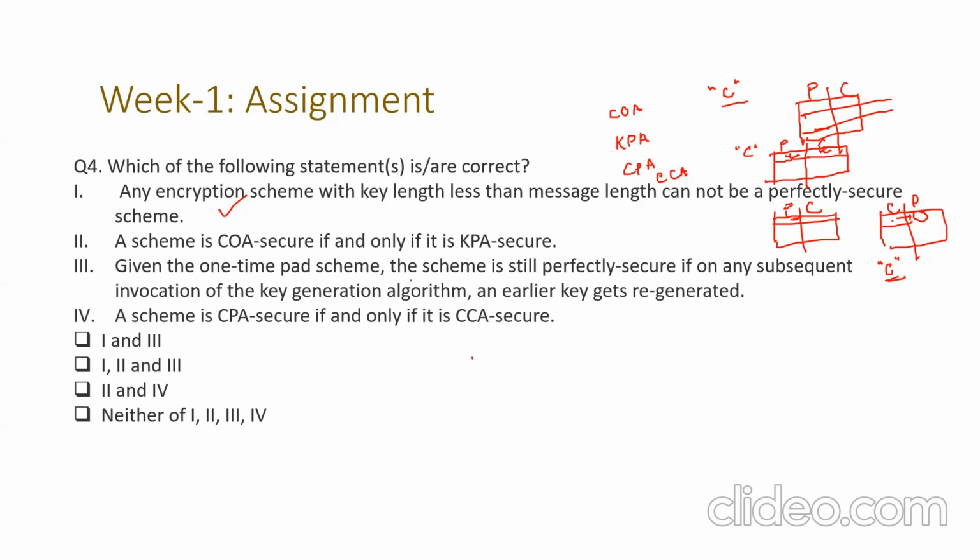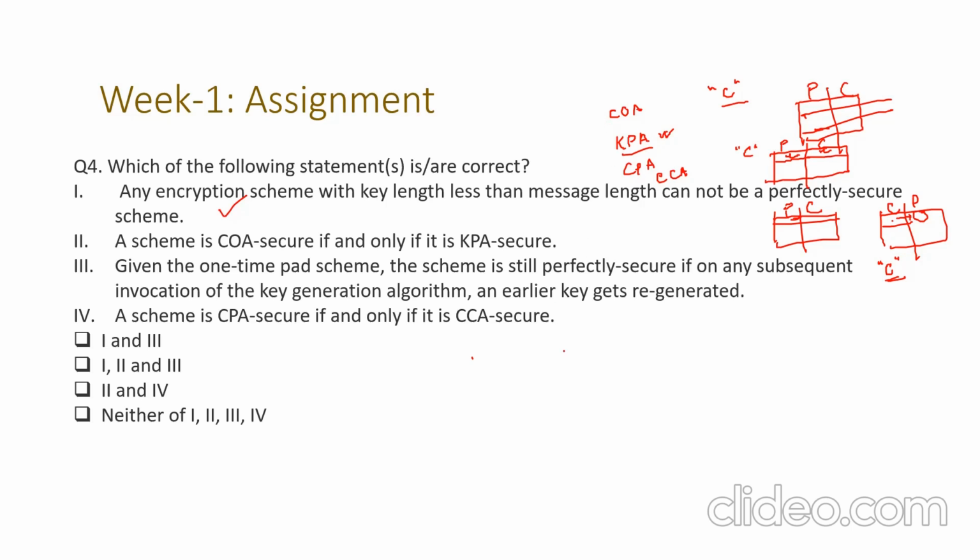So anyway, here the question is about COA and KPA security. Clearly, in KPA security, the adversary has higher advantage. So if a scheme is KPA secure, that is, even with extra power the adversary is not able to infer information about the underlying message after seeing the ciphertext, then clearly with lesser power, where it does not have any access to the plaintext-ciphertext table, it will not be able to distinguish the underlying messages by seeing a challenge ciphertext.